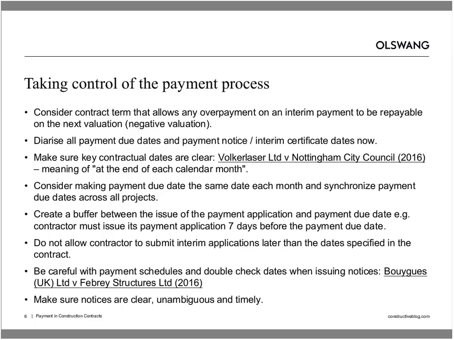I think always be careful with payment schedules. Do double check dates that appear in payment schedules, because they can be wrong, and that comes across really clearly in quite a recent case, the Bouygues and February decision.